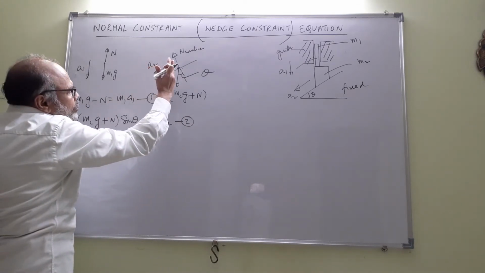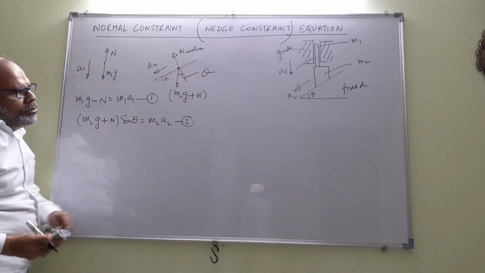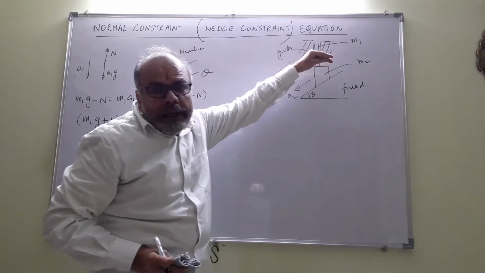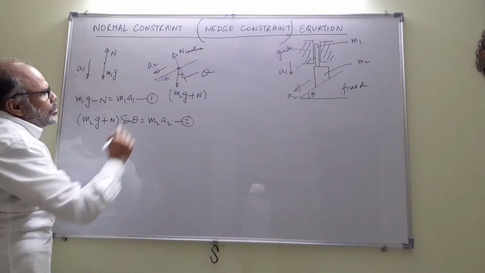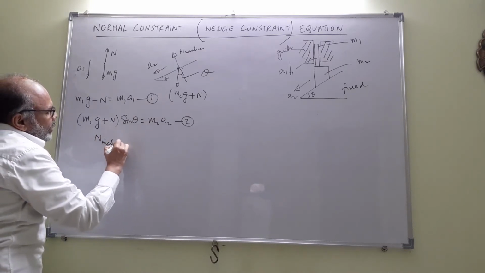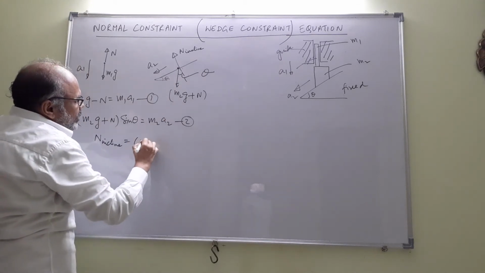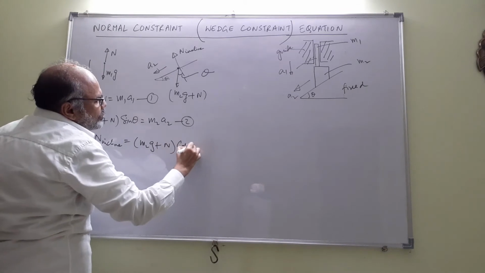And the components perpendicular to the incline will nullify, because this lower block has motion only along the incline, not perpendicular to the incline. So N of the incline will be equal to M2G plus N cos theta.